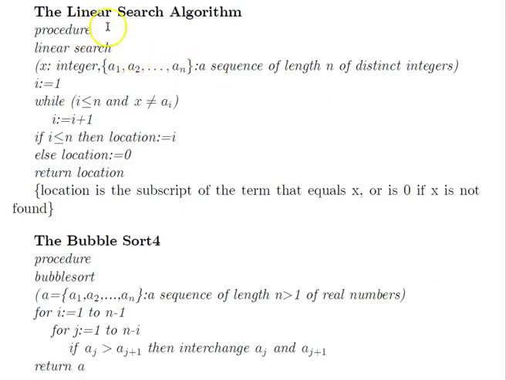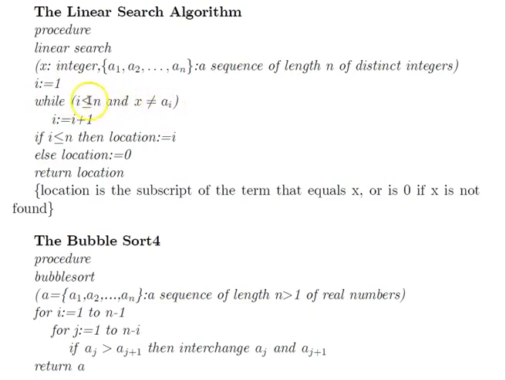In this example, we consider the linear search algorithm. The input is a sequence of length n of distinct integers. First, I takes value 1, and then we have this while loop.